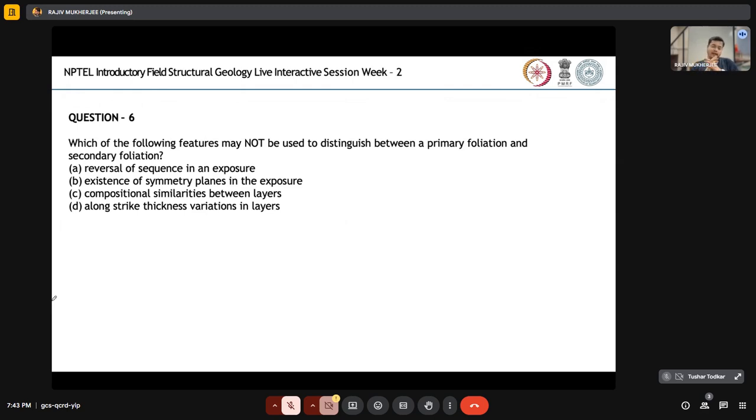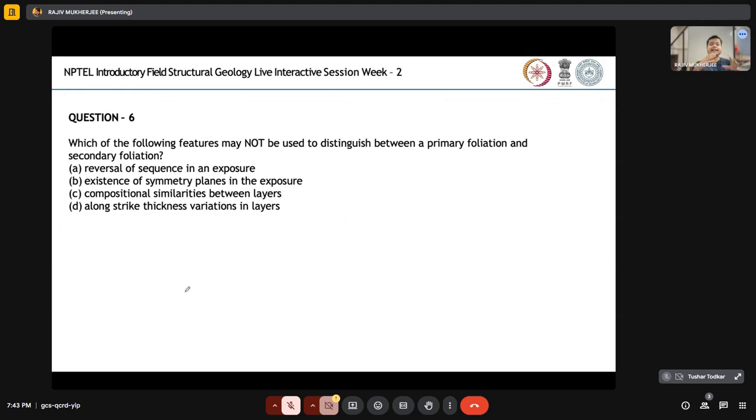And also another possibility will be existence of an overturned fold, in which case you cross from one limb to another in an exposure and you would see reverse sequence in terms of the younging direction. That is also a possibility.